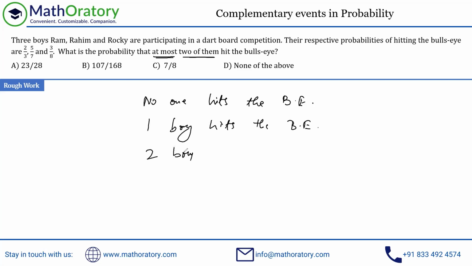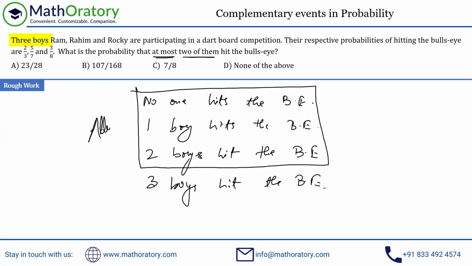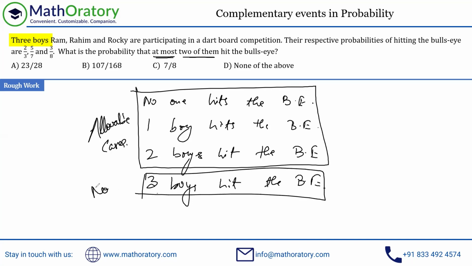Two boys hit the bullseye, and three boys hit the bullseye. You cannot have anything apart from this, right? Because the concern is among three boys. The context is within three boys. So if at most two of them hitting the bullseye is allowed, this is the entire allowable domain, right? So these are the allowable cases. So the only thing that is not allowed is this, isn't it?